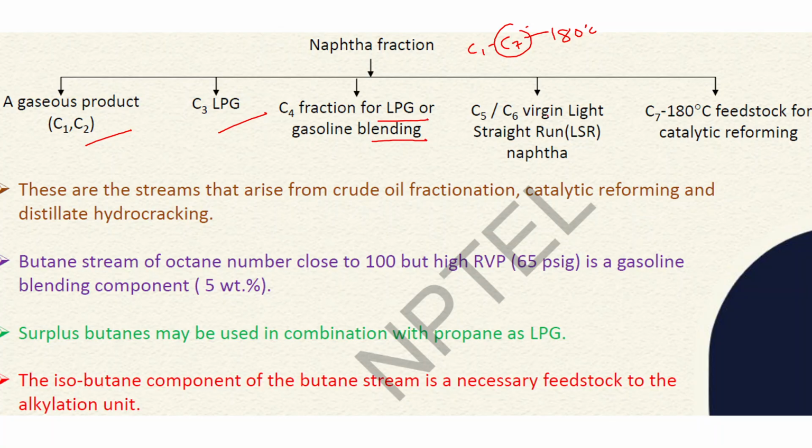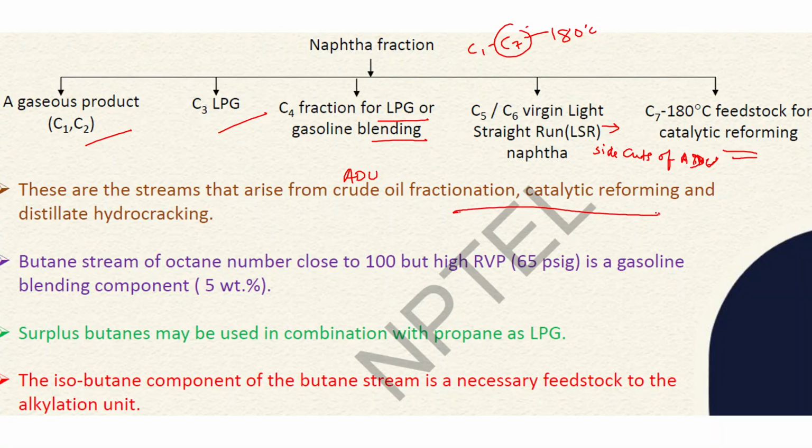Then the C5 and C6 fraction is a virgin light straight run naphtha, which is extracted from the side cuts of the atmospheric distillation unit. And the C7 cut is used as a feedstock for catalytic reforming. So these are the streams that arise from crude oil fractionation in the atmospheric distillation unit.